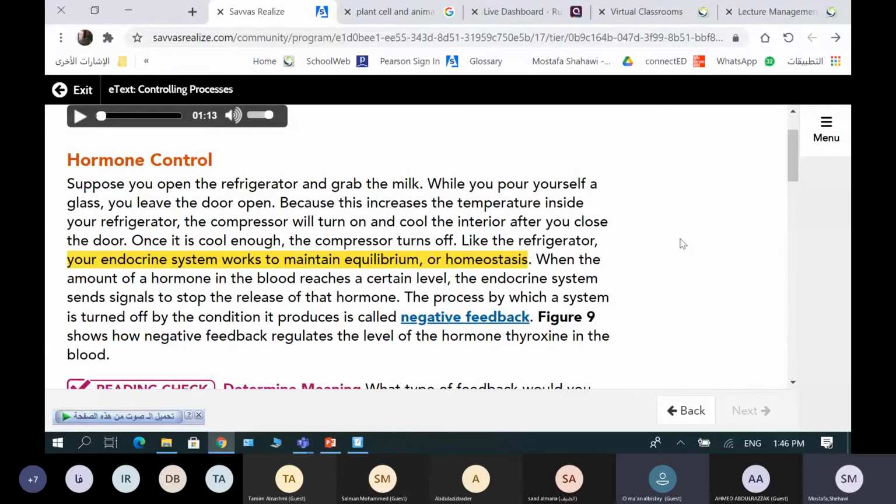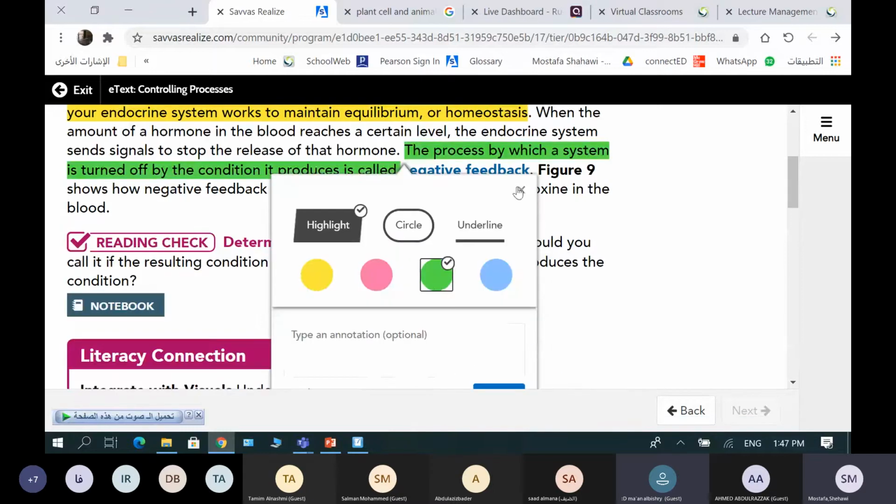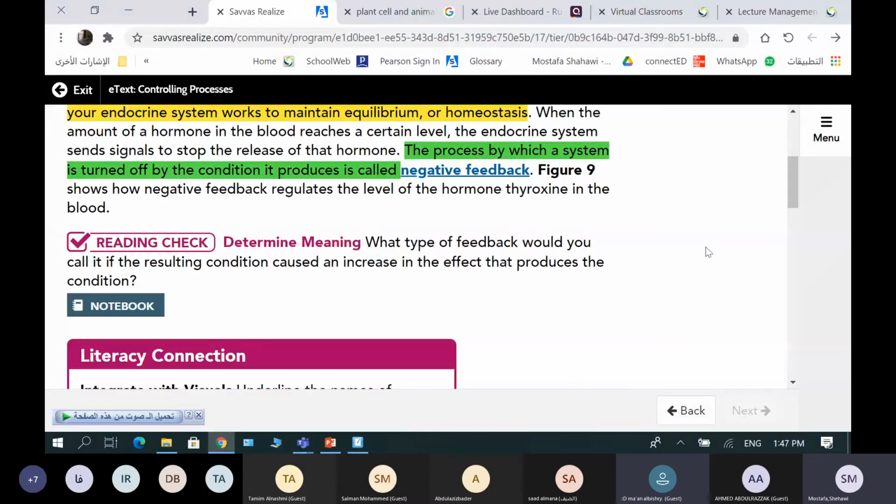When the amount of hormone in the blood reaches a certain level, the endocrine system sends signals to stop the release of that hormone. The process by which a system is turned off by the condition it produces is called negative feedback. Figure 9 shows how negative feedback regulates the level of the hormone thyroxine in the blood.